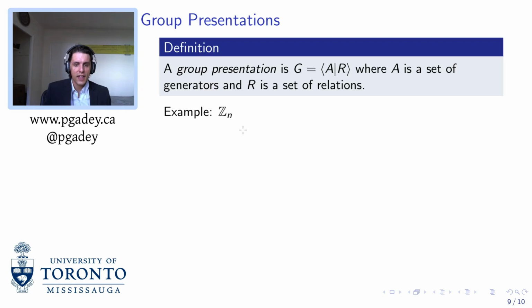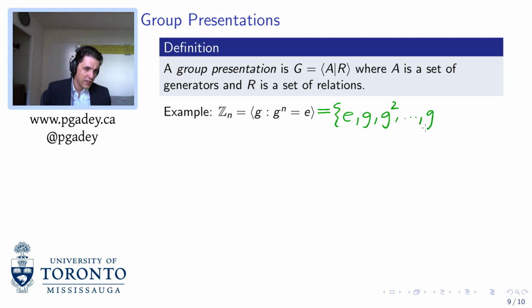We can write Zn as being generated by G, satisfying the relationship that G to the n is equal to E. So if we want to write it as a list, it's going to be E, G, G squared, all the way up to G to the n minus 1.